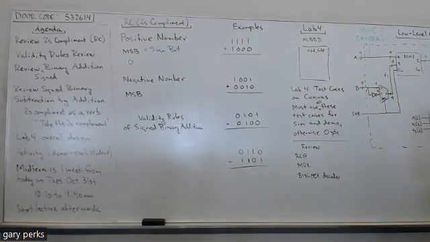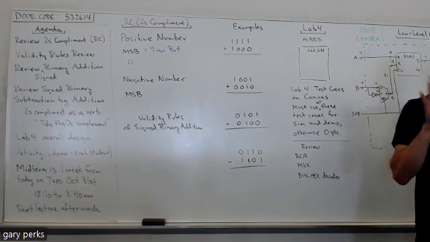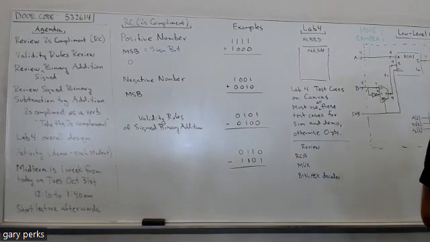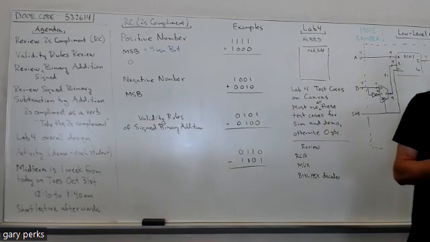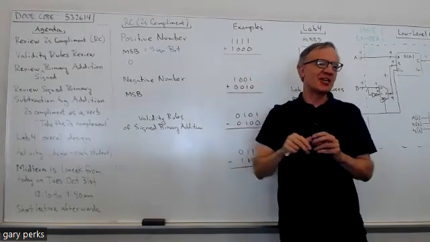Now, how do you find the magnitude of a two's complement positive signed binary number? You know it's positive now. How do you get the number, the magnitude? I'm just talking about the positive number itself, not adding them yet.